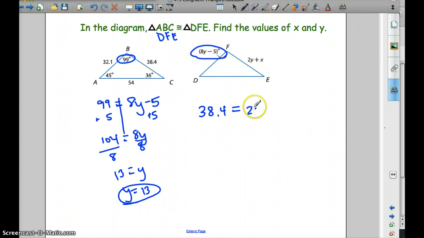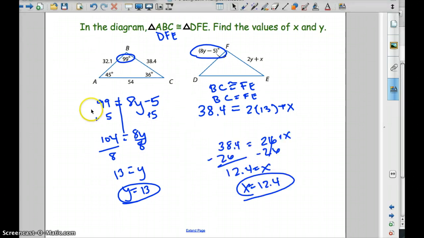But now we know what y is. y is 13, plus x. So we can do this because BC is congruent to FE, because order does matter. And by definition of congruent, we can set these equal to one another. So go ahead and pause the video and finish this problem. You should get x equals 12.4 for your final answer.